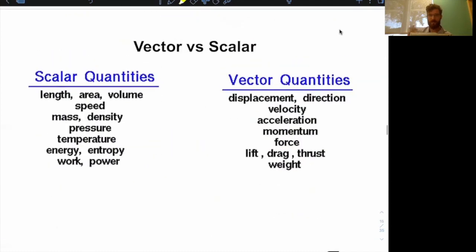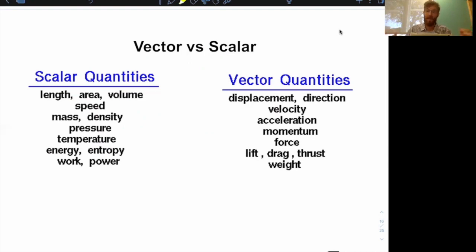So what does vector versus scalar mean in physics? You've actually probably used this language and you weren't even really aware of it. When we talk about things like length, volume, mass, pressure, we don't talk about them traveling somewhere. They don't go anywhere. They don't have a direction, okay?